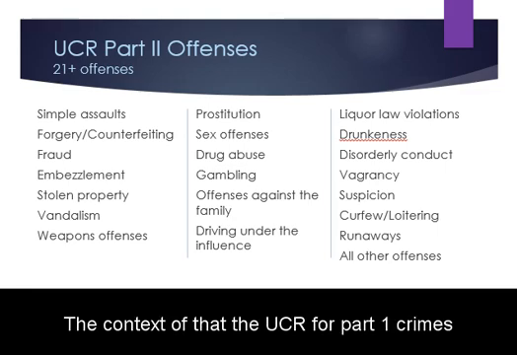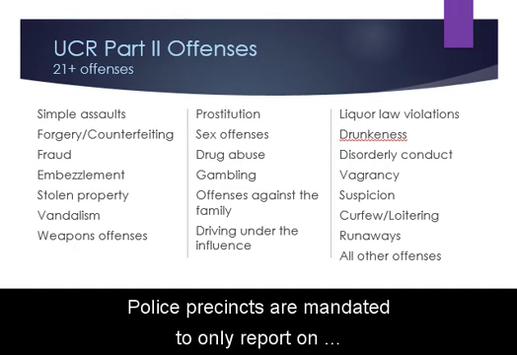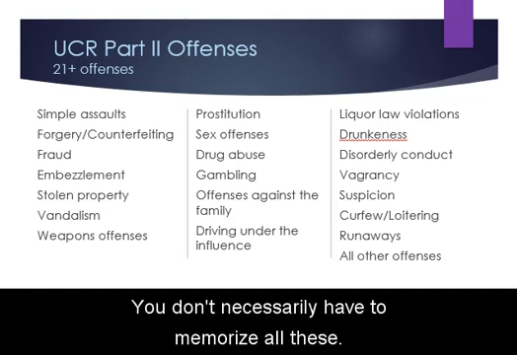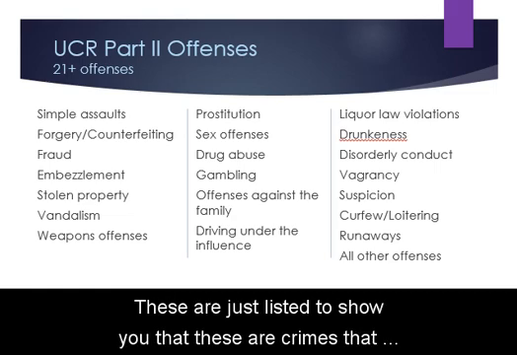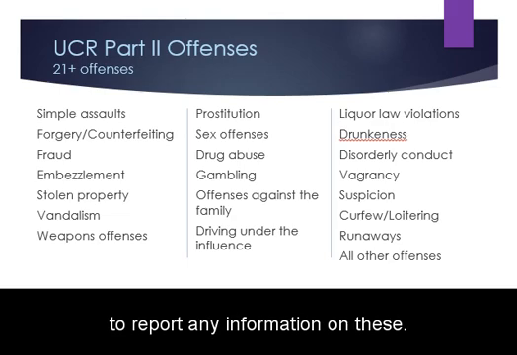For the UCR Part 1 crimes, police precincts are mandated to only report on Part 1. So that's only 10 crimes. For these Part 2 offenses, you don't necessarily have to memorize all of these. These are just listed to show you that when precincts are partaking in the UCR, they do not have to report any information on these.